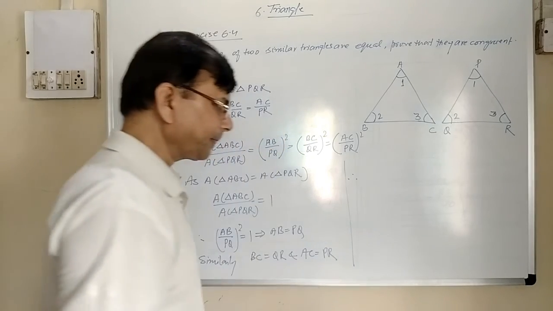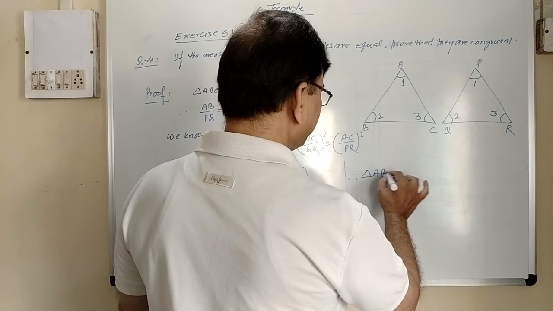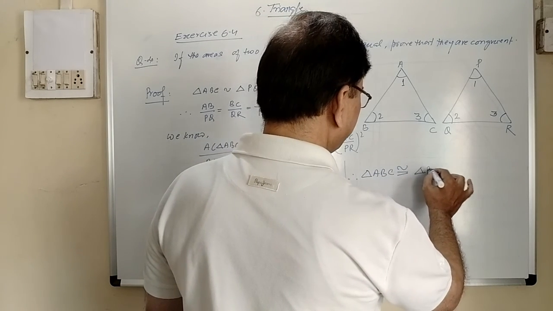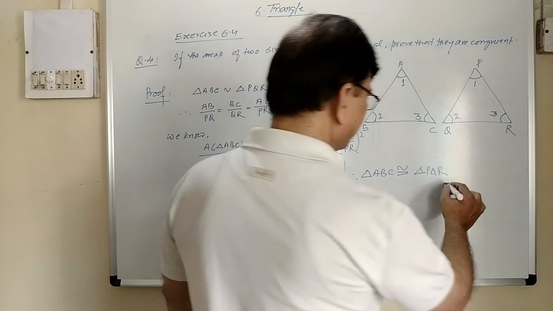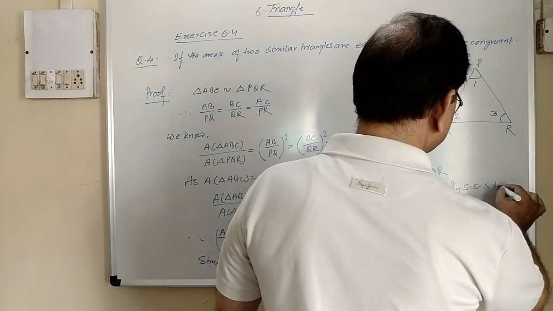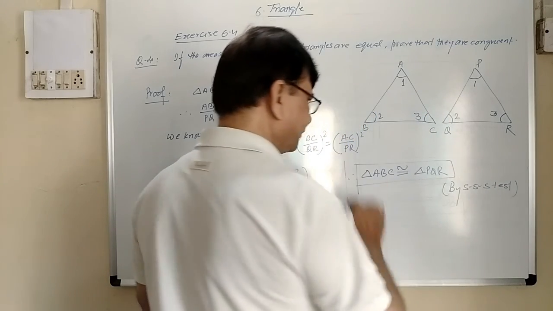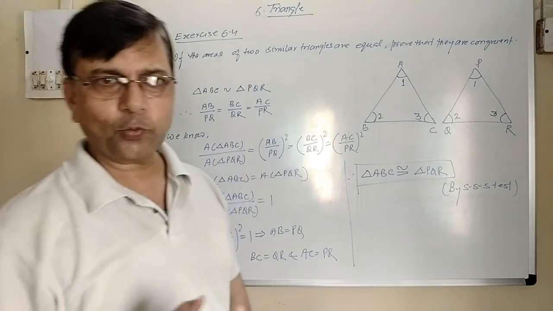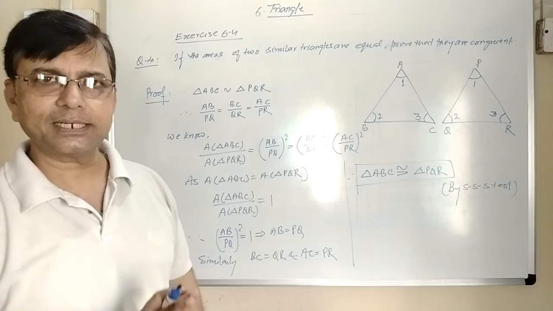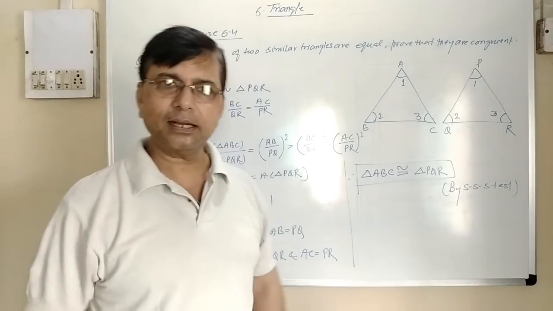Therefore, triangle ABC is congruent with triangle PQR by SSS test. This is the proof. These two triangles will be congruent when the lengths of the corresponding sides are equal, and that is proved over here. That is why these two triangles are congruent.